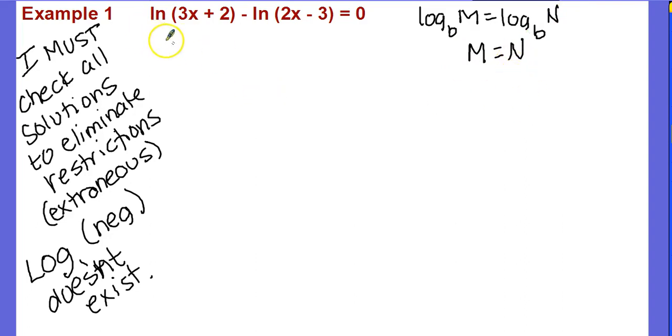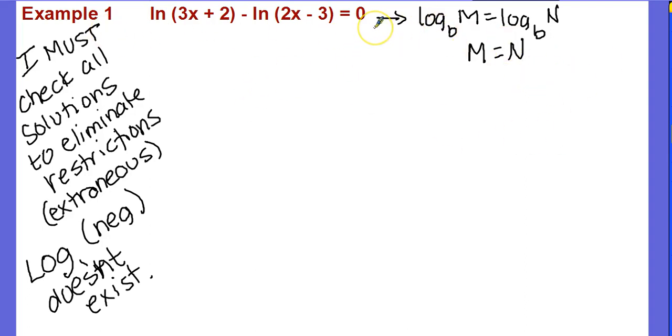So if I can convert this equation right here to look like that, can you see it? Can't I just add this log to that side? Then I can apply log property 8 and just drop the log part of the statement and set the numbers equal to each other. So we're going to use this.